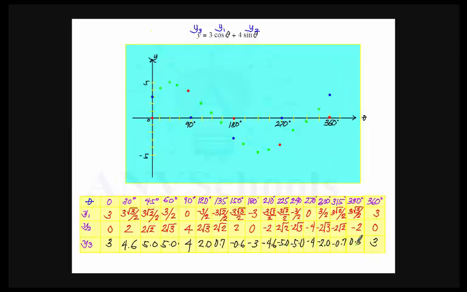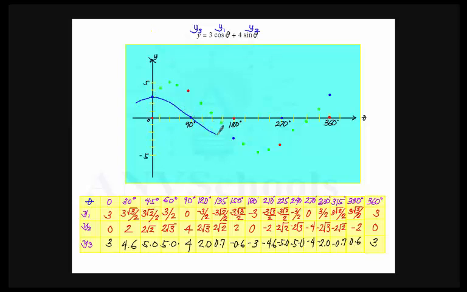First let's start with y1, and y1 here is indicated in blue. To graph this, remember, this is a cosine function. Because it's a cosine function, we will have a maximum point at 3, and we have a minimum point at negative 3.